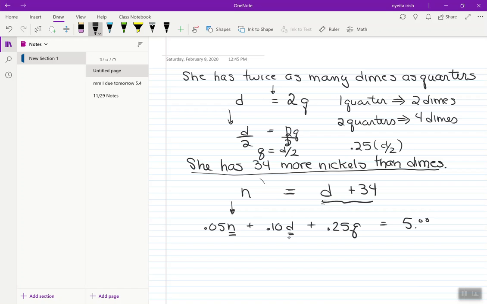The D is fine, but then you substitute out the Q, and in our problem the Q happened to be D over 2. So you're taking all of this out and putting in the other name in terms of D. The reason we're doing D is because in the problem it mentioned dimes twice in relationship to the other coins. So we left the D alone and changed out the Q and the N.